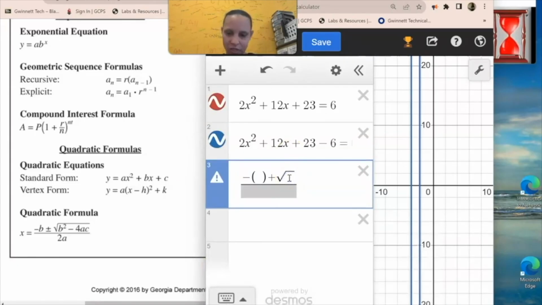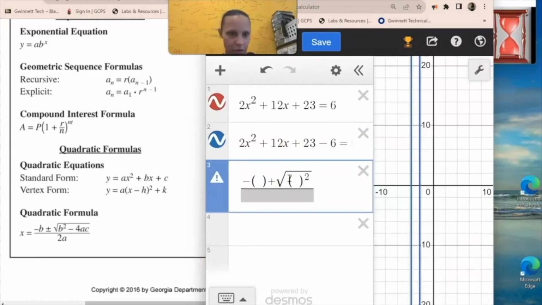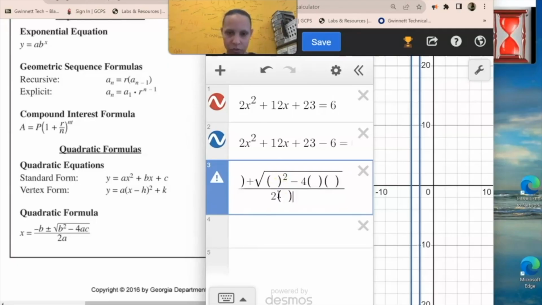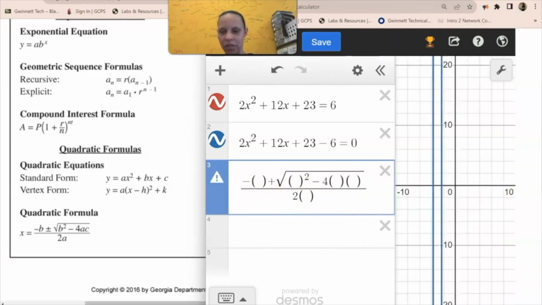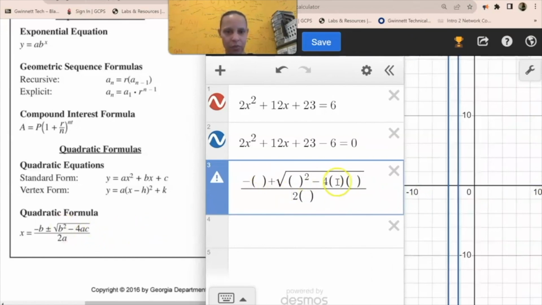Inside the radical, make sure everything's inside the radical. You have b squared. Come back out, minus 4, and then a, c, and then on the bottom, 2a. So everything in parentheses so that you're matching everything up.